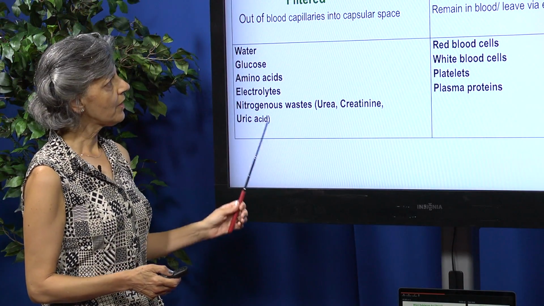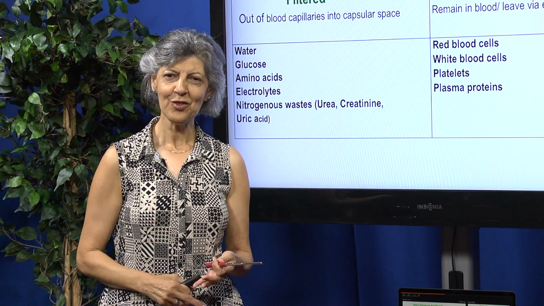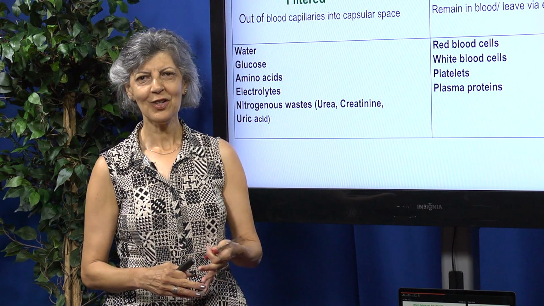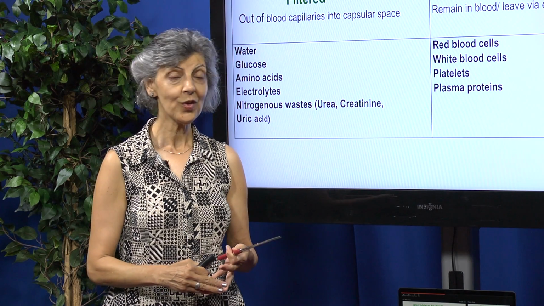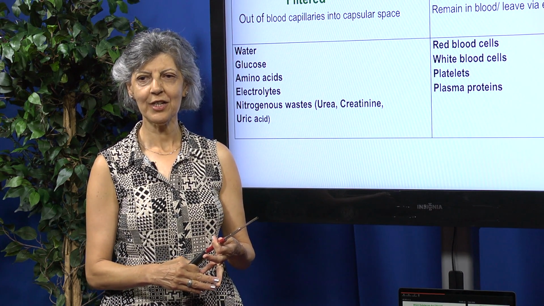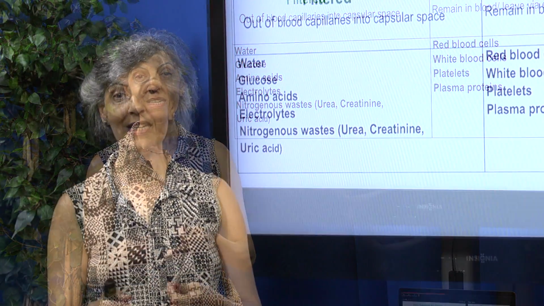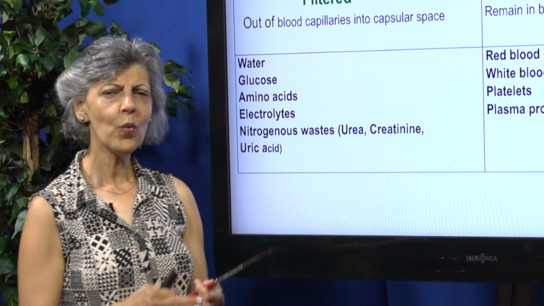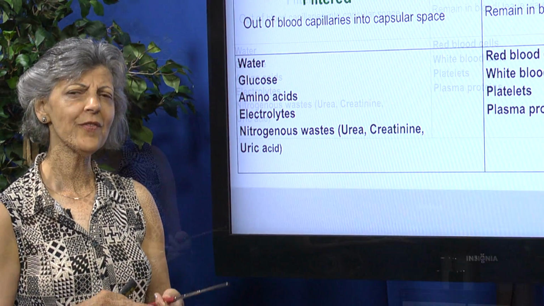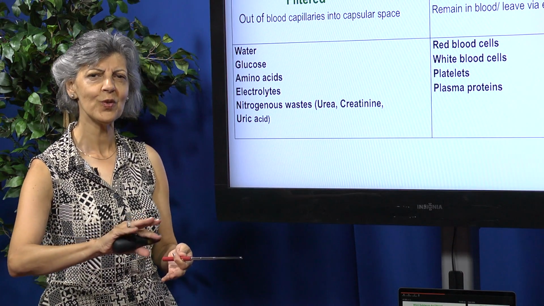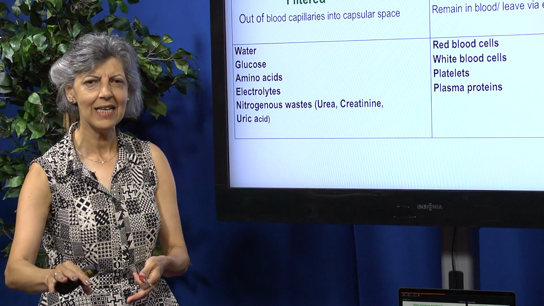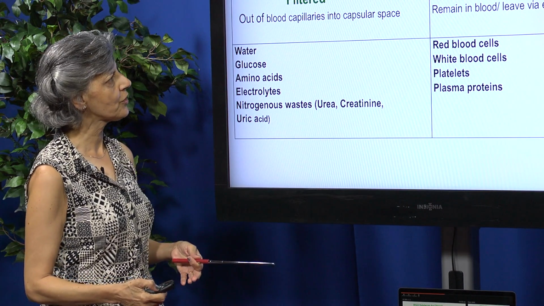All right, so far we know the definition of glomerular filtration. We know where it occurs. It occurs across the filtration membrane. We know what substances are being removed, but what actually is the force that pushes those substances out of the blood and into the capsular space?